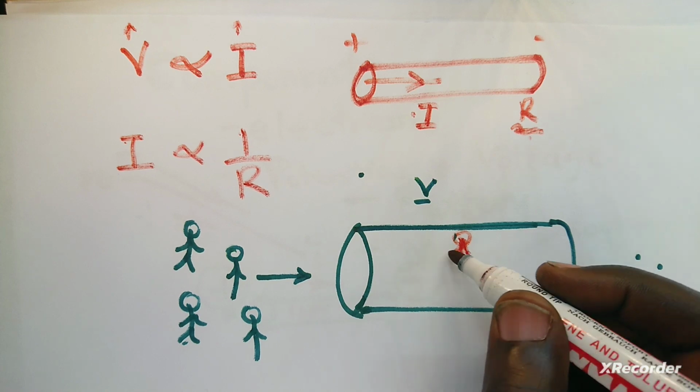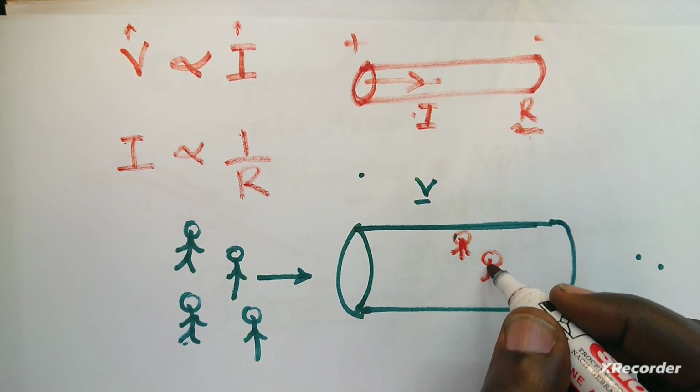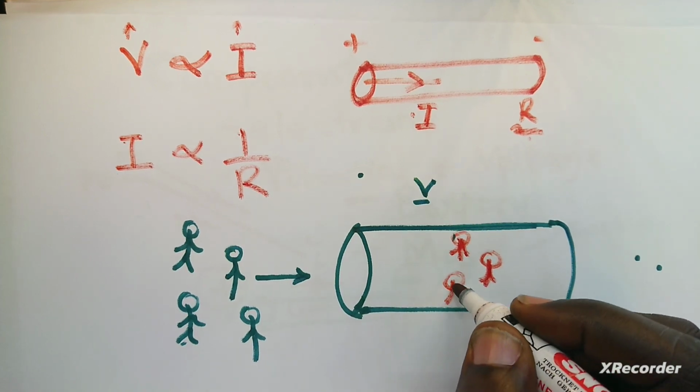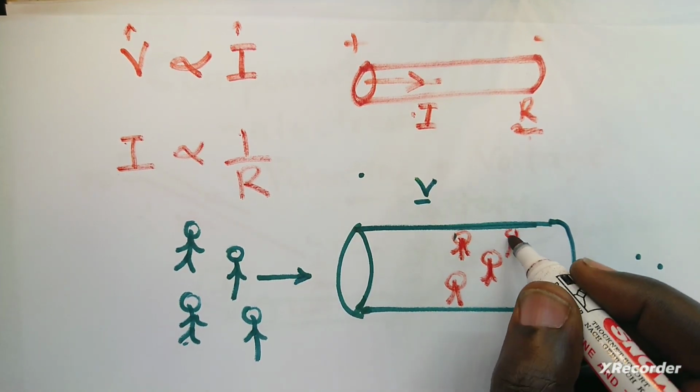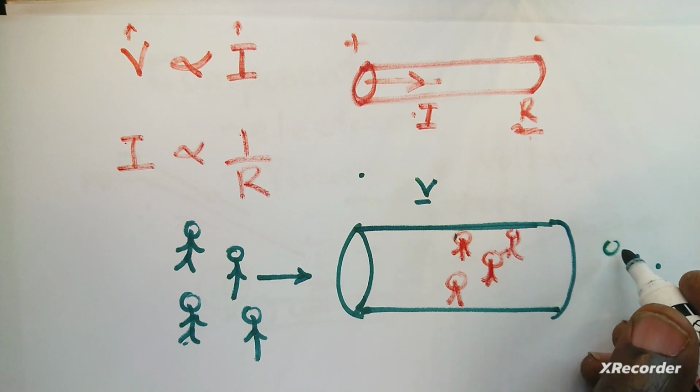If you have one security guard, a certain number of people will pass. When we increase the number of security guards to stop people from passing, fewer people will make it to the other end.